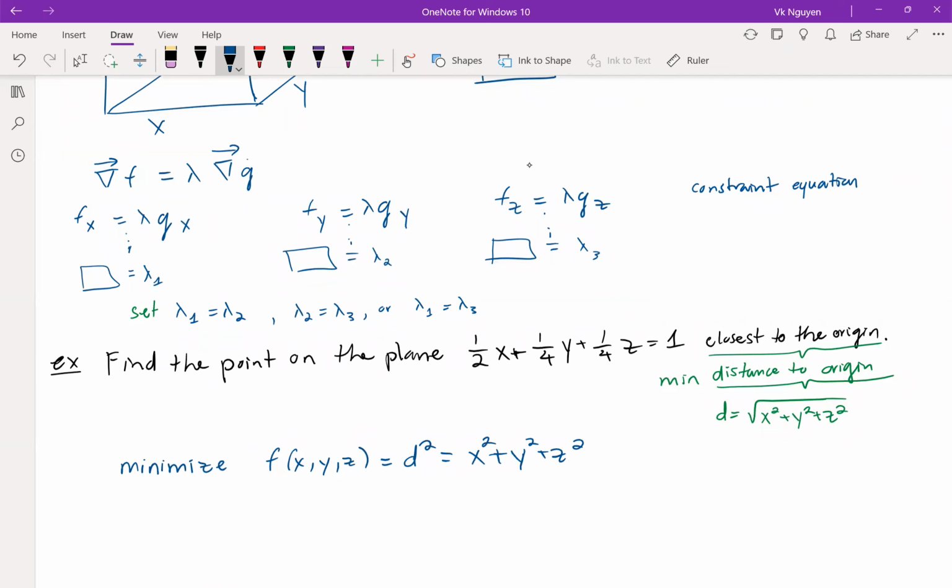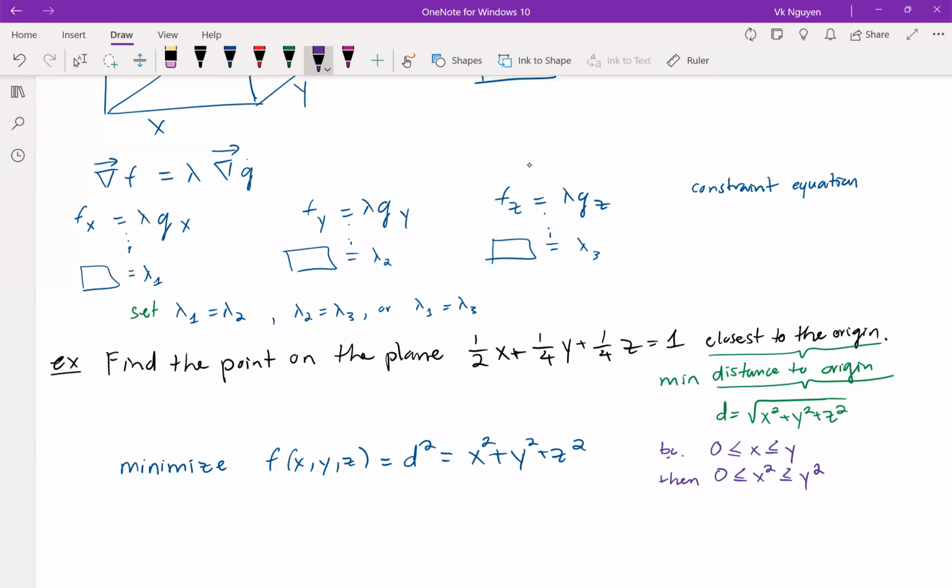This is for the same reason as in calculus 1. You can do this because if 0 ≤ x ≤ y, then 0 is also ≤ x² ≤ y².